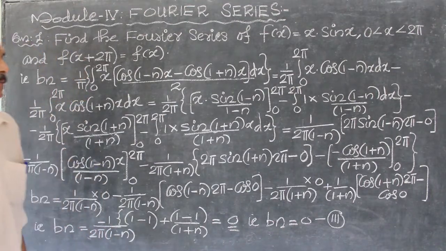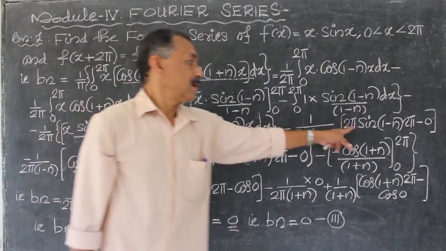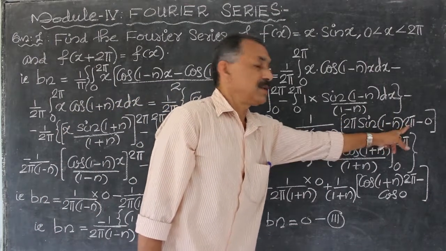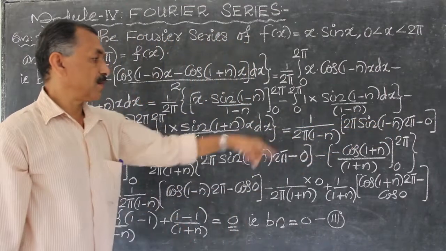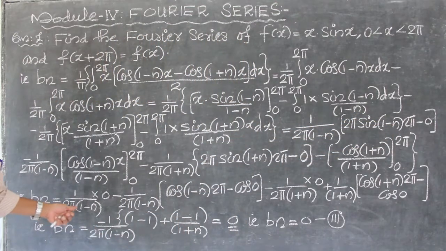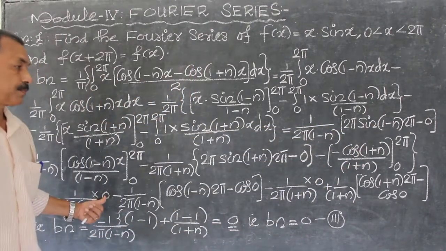Second. Then what is this value? That is equal to 1 by 2 pi, sin(1 minus n) into 2 pi. Since 2 pi multiples, the value is 0. That is 1 divided by 2 pi into (1 minus n), the value is 0, upper 0, that is 0.